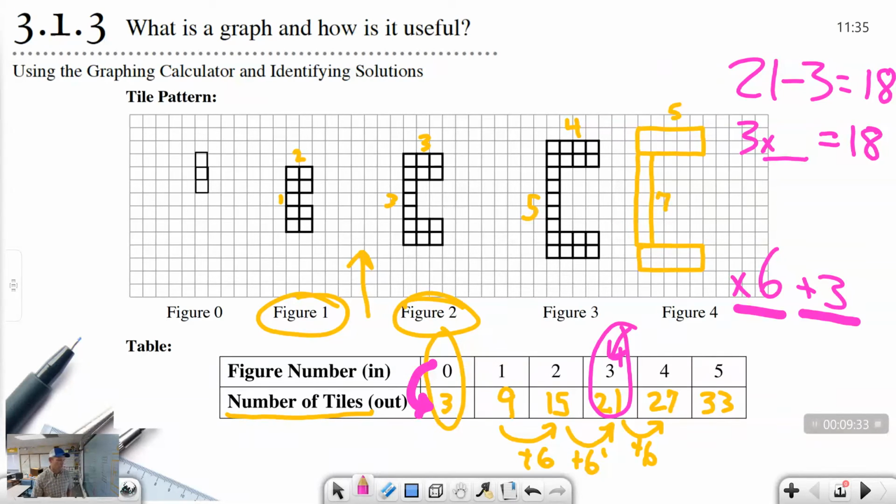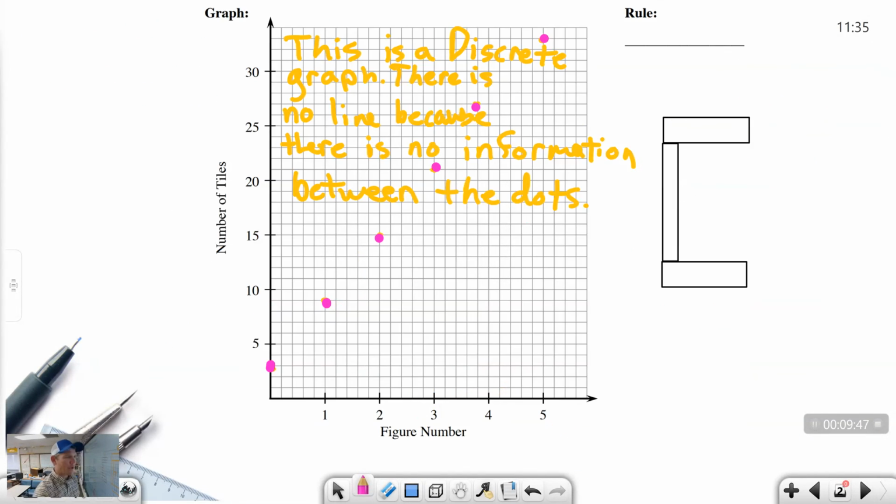And notice this is our rule. 4 times 6 is 24. 24 plus 3 is 27. 5 times 6 is 30. 30 plus 3 is 33. This is our rule. It works every single time.